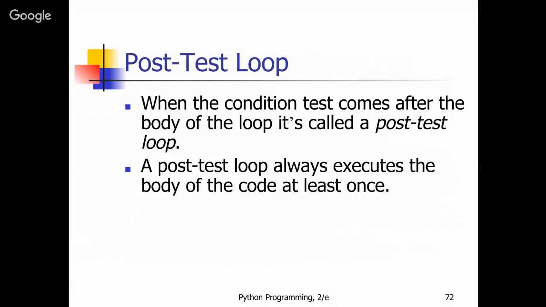But in this case, one example I always like to give, to make it more relatable, as my 13-year-old son says, is if you have a login screen, you always want to be prompted once. So you're not going to have a condition to check, oh, is this user the correct user? What you need to do is always prompt the user once. Please enter your name or your login name.